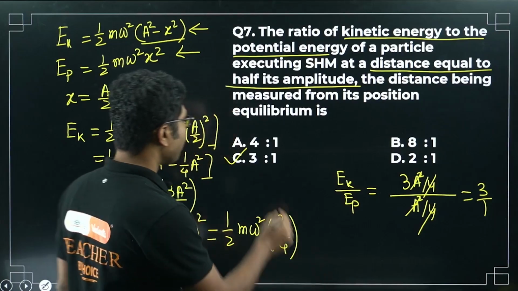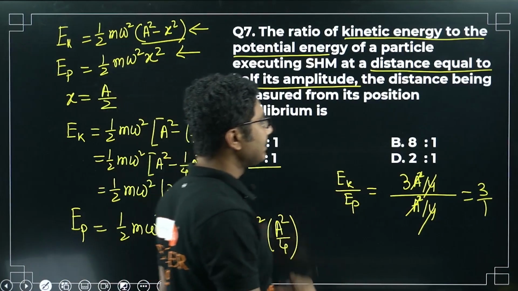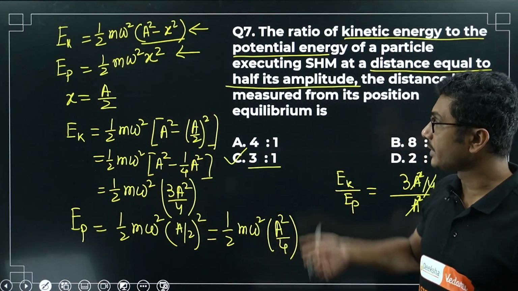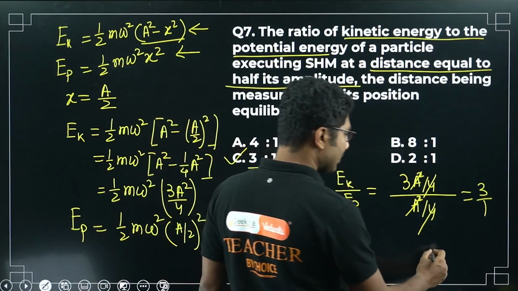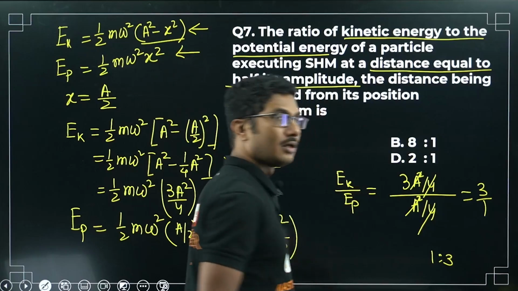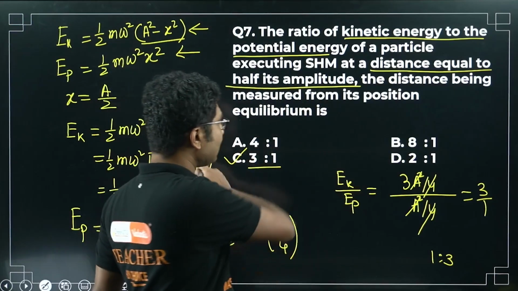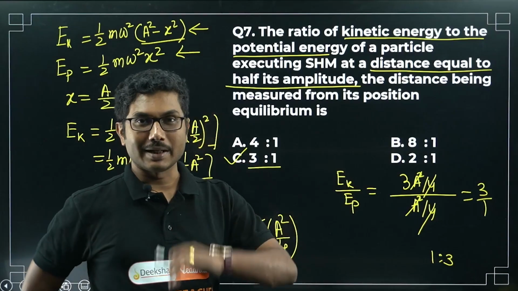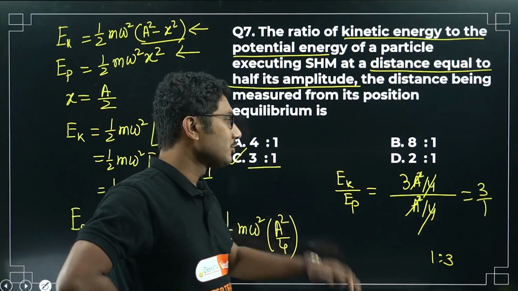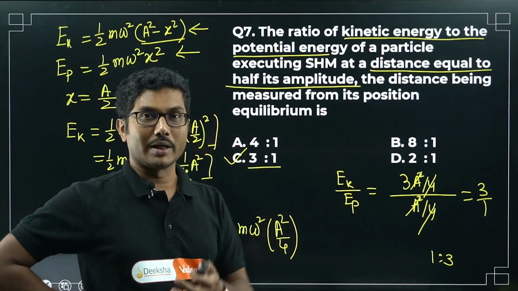Okay, clear, simple answer. Now in this case, even if you have used the wrong formula, you will get the answer as 1:3 at most. But if there is no option of 1:3, you can guess that maybe you have done something wrong and the answer should be 3:1.